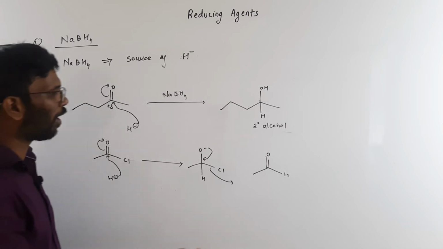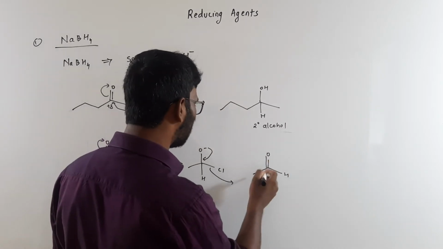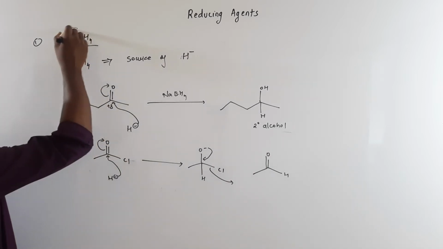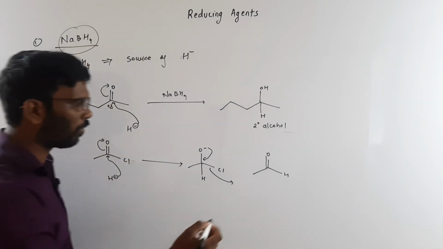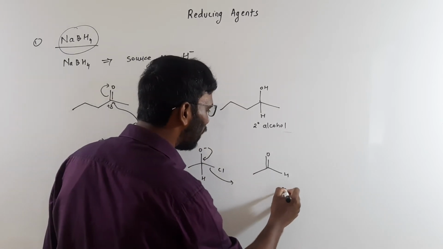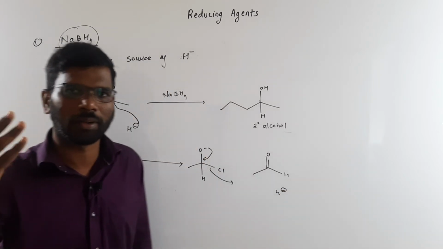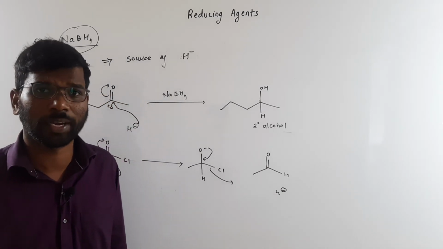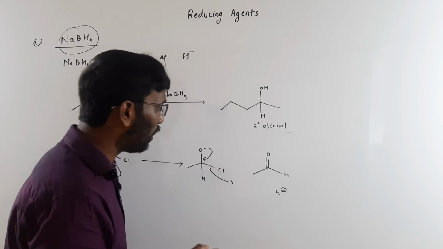Now if this is the aldehyde, and if I add an excess amount of sodium borohydride, then from the aldehyde, recall the flow chart I had given, we get a primary alcohol, and that is what we are going to get.